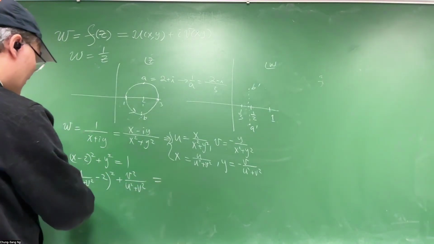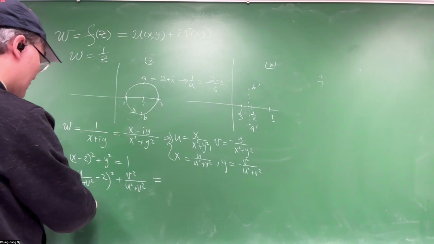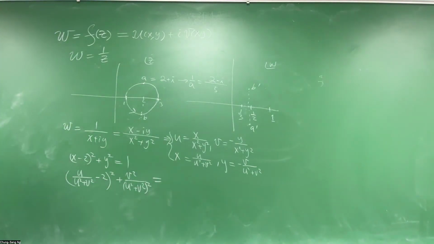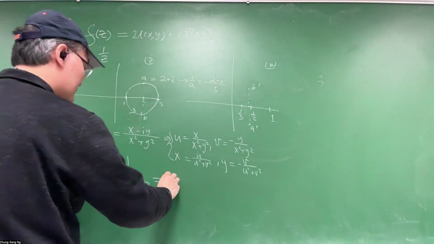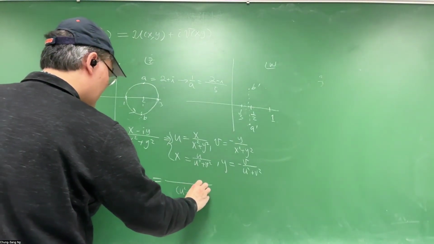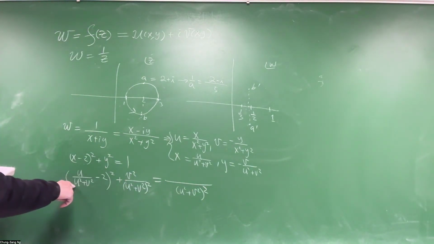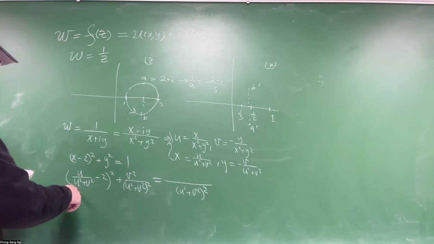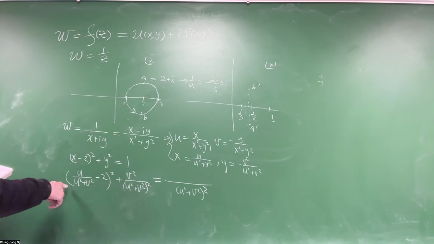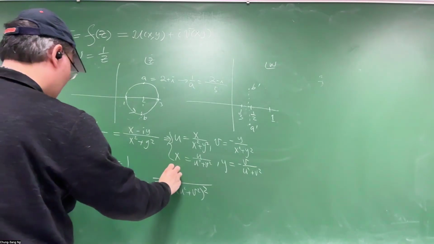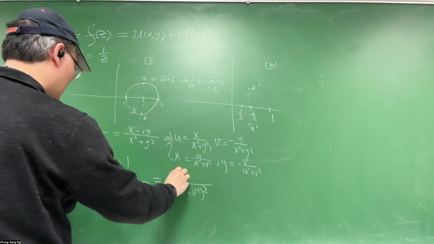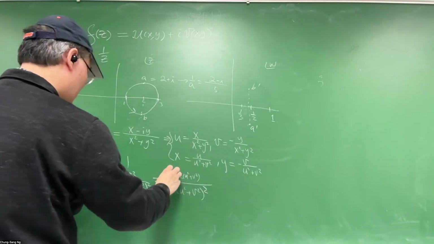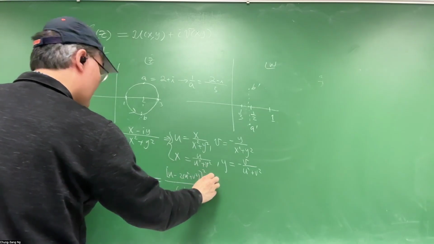Equals, you can take the common denominator, (u squared plus v squared) squared, and the numerator is (u minus 2 (u squared plus v squared)) squared plus v squared.